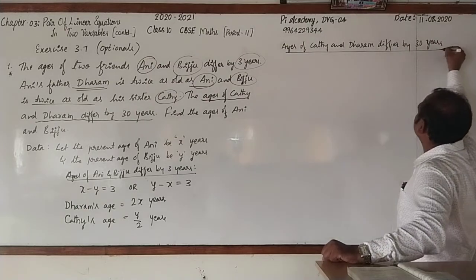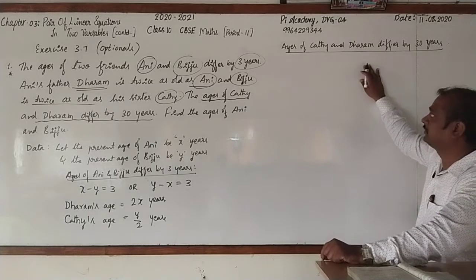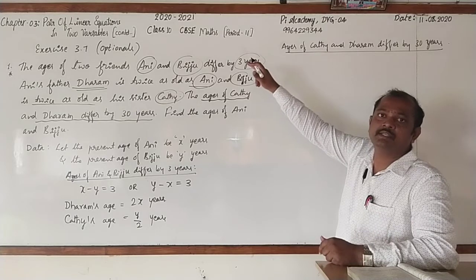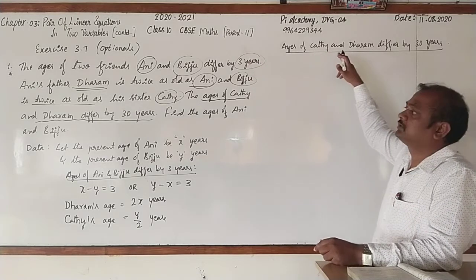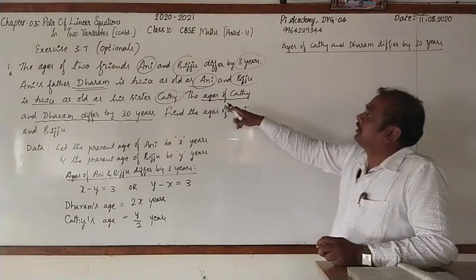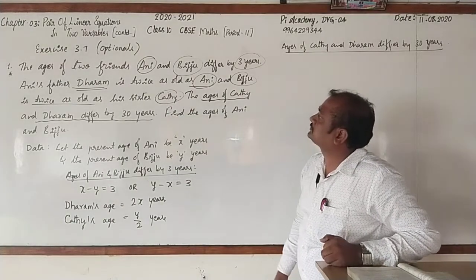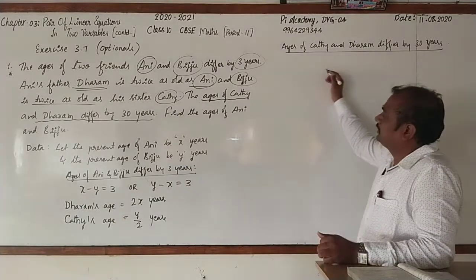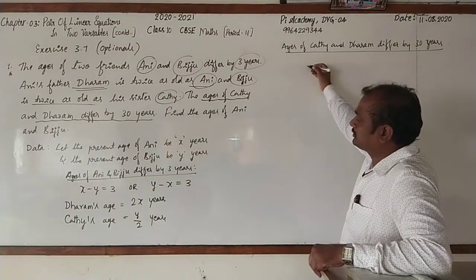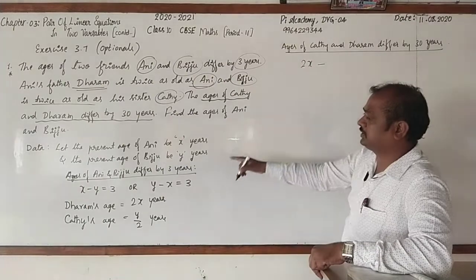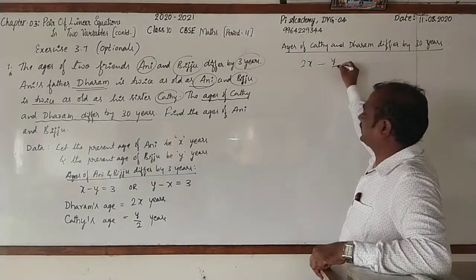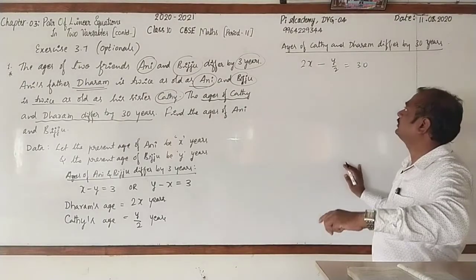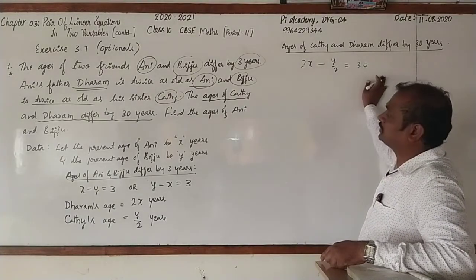Obviously, Dharam is elder than Kathy, because Kathy is Biju's sister, Biju is Ani's friend, and Ani is the daughter of Dharam. Okay, here I will write Dharam's age is 2x, Kathy's age y by 2. It's equal to how much? 30 years.